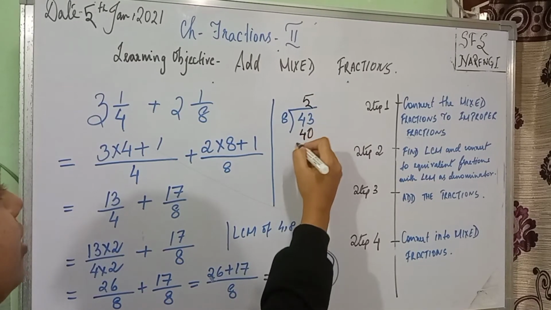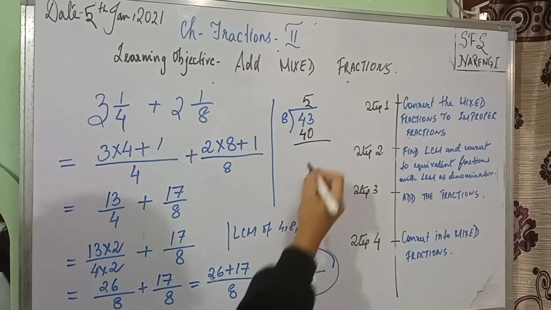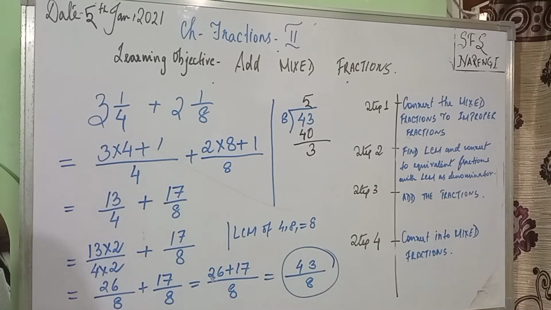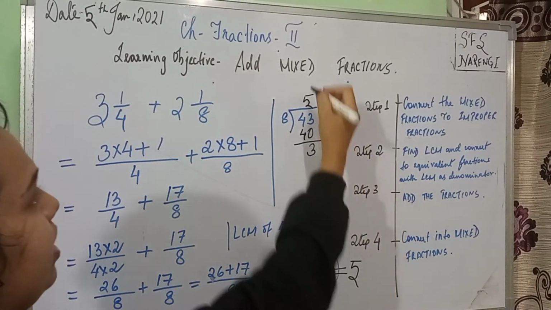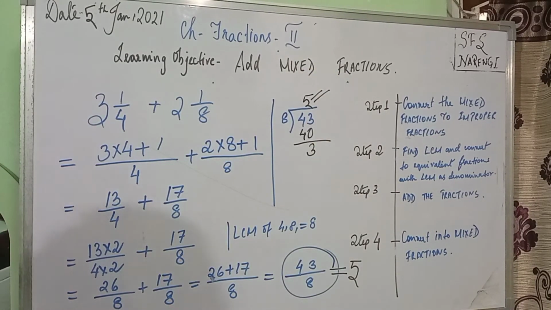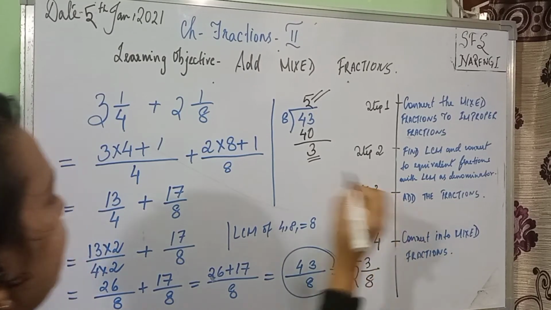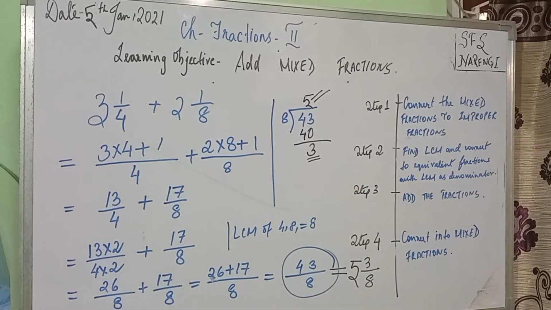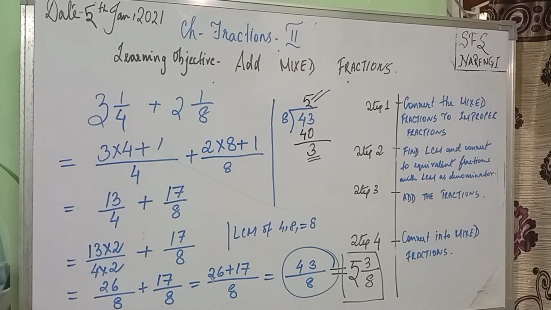That is all that will go. And how much is the remainder? The remainder will be 3. So 43/8 can be written as 5, the quotient is the whole number, and then the remainder 3/8. So what is my answer? My answer is 5 and 3/8.